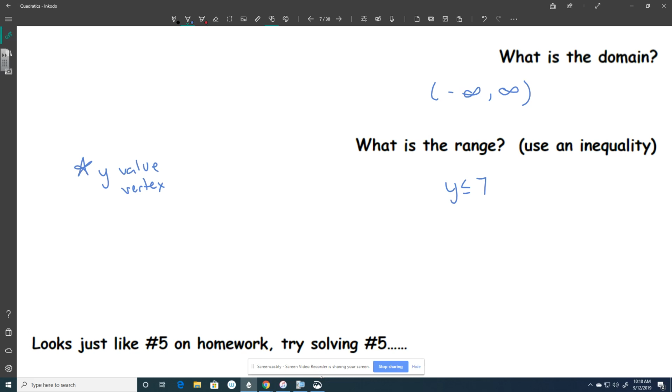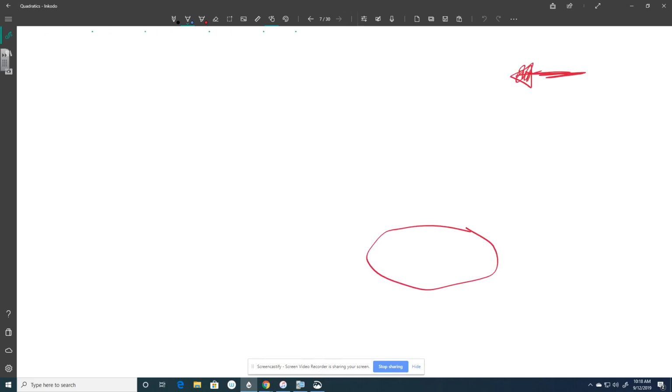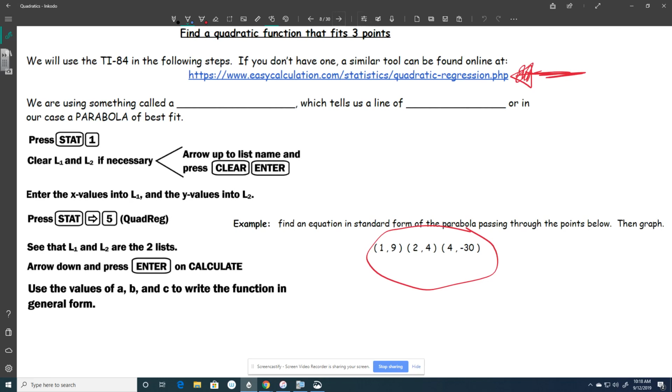Okay, as far as the last bit of notes, this last page I'm not going to go through with you. It tells you how to come up with a line of fit. It's kind of like you found the line of best fit last year. This year, you're going to find the parabola of best fit, is kind of what we call it.